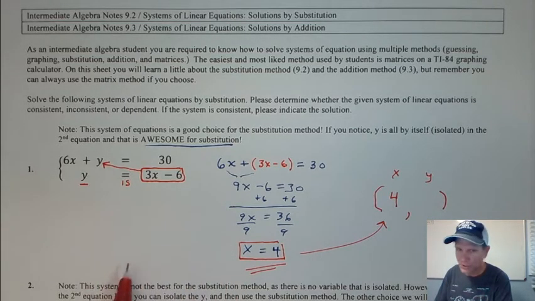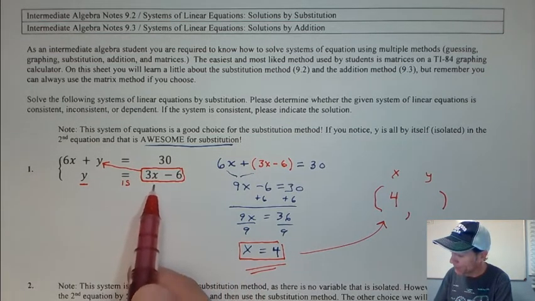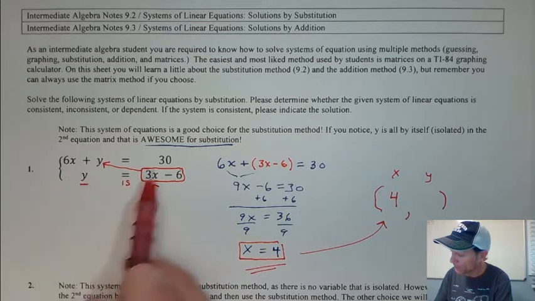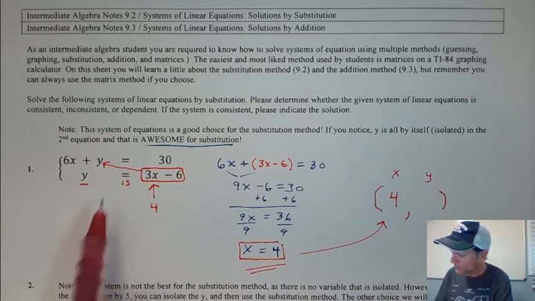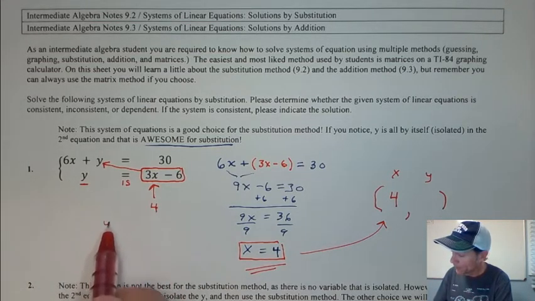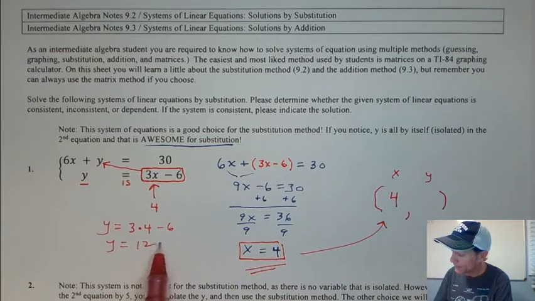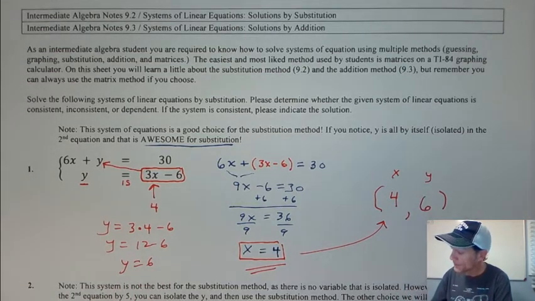Usually one is a little easier than the other, but if I put my 4 right into this equation, it's going to be pretty easy to do. Up here I'd have to do a little more algebraic manipulation, but here I have y is equal to 3 times 4 minus 6, y is equal to 12 minus 6, and y is equal to 6. Okay, and so that's the point of intersection.